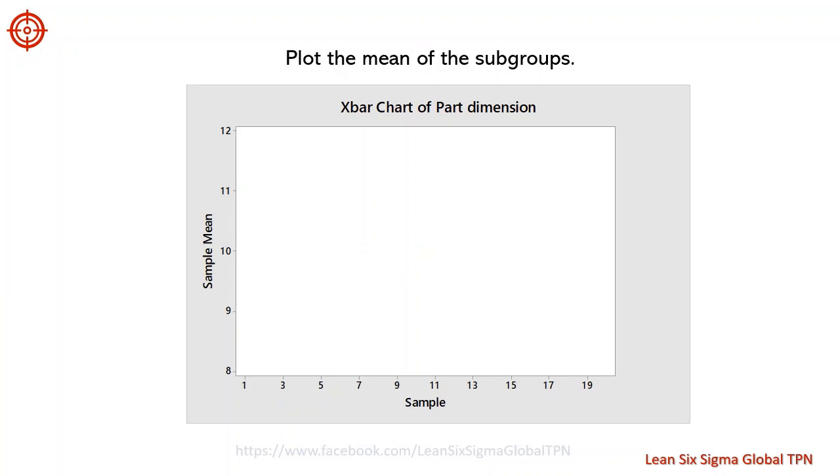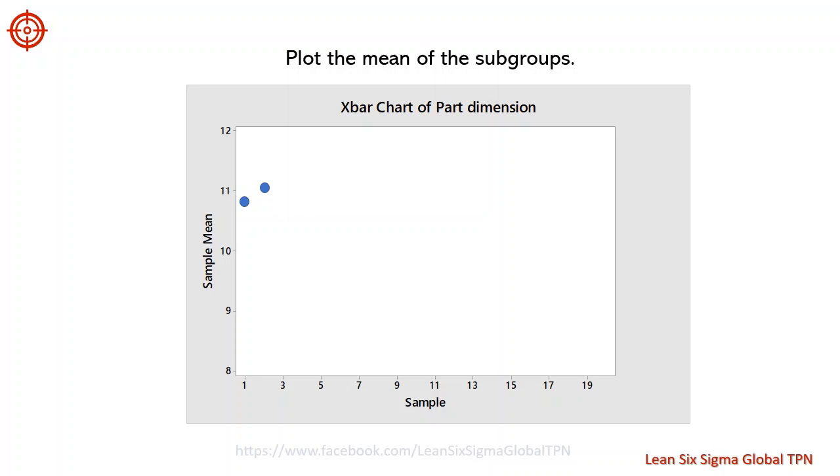Remember, the X bar chart monitors the process by graphing subgroup means over time. Let's do this for the part dimension data. The mean of the first subgroup is here. This is the first point on the X bar chart. The mean of the second subgroup is here, and this is the second point.